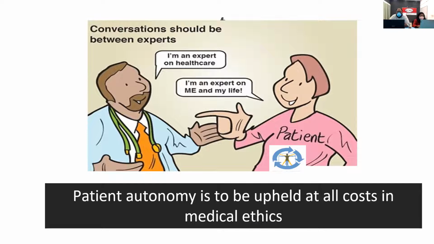Patient autonomy is to be upheld at all costs in medical ethics. But one thing I want to warn you is that because the patient asks you to do something, you are not compelled to do it. If a patient wants a procedure which you believe will not benefit him, you are not compelled to do that. Just because a patient asks, that doesn't mean you have to follow it.